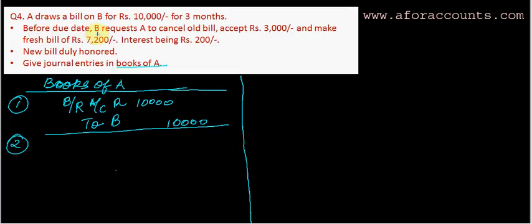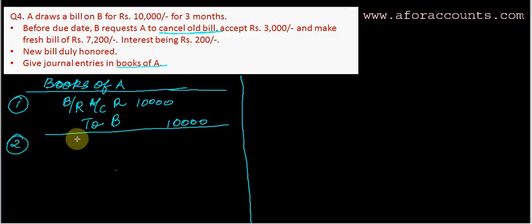Before due date, B requests A to cancel the old bill. Maybe he will be short of funds and he knows that the bill is going to be dishonored. So he only comes and requests, please cancel the bill. So for cancelling the bill, I will make a reverse entry for making the bill.